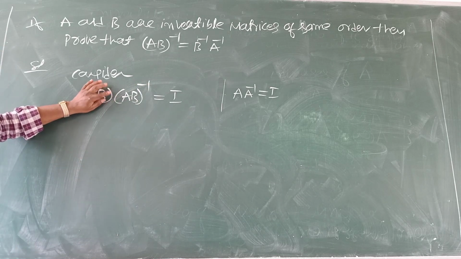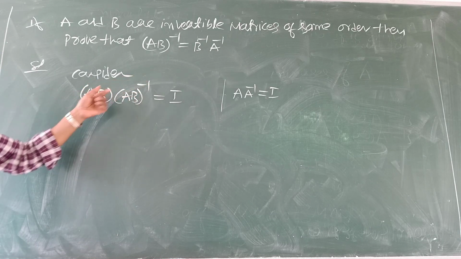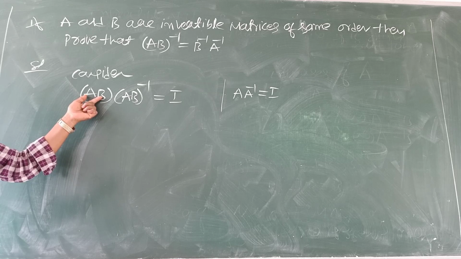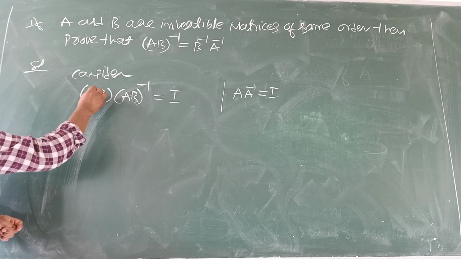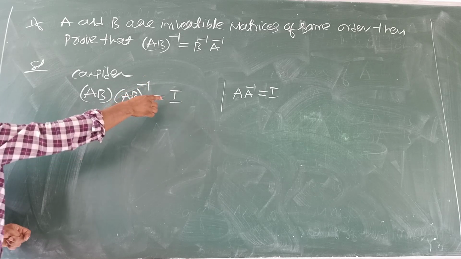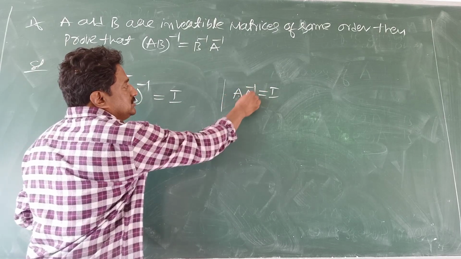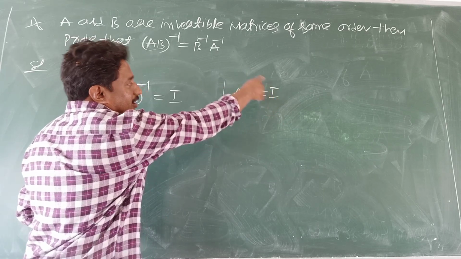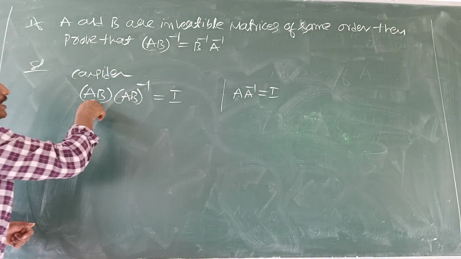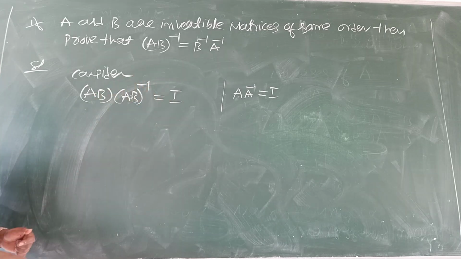Matrix into matrix inverse. AB itself is a matrix. Matrix into its inverse must be equal to I. According to this rule, AB into (AB) inverse must be equal to I.